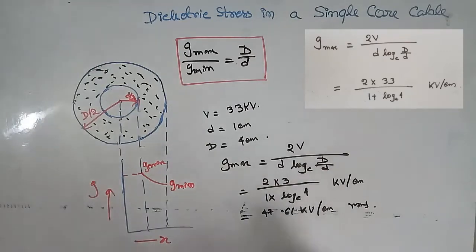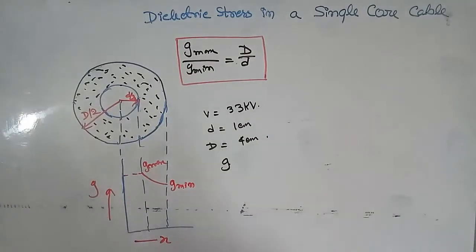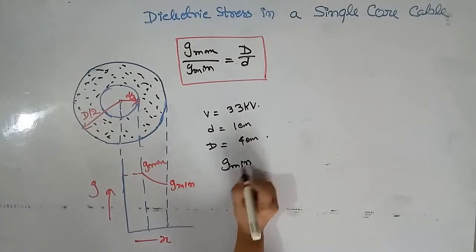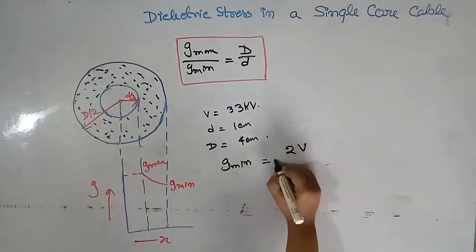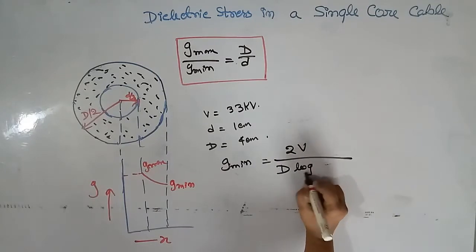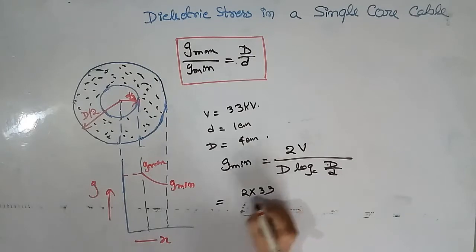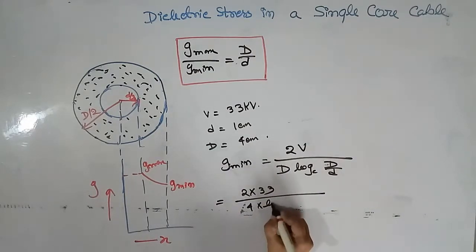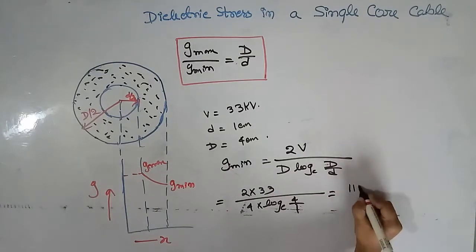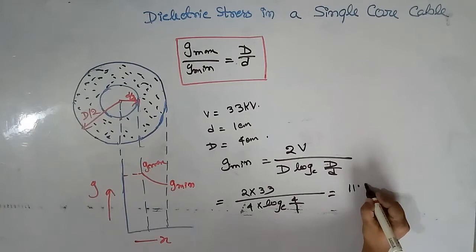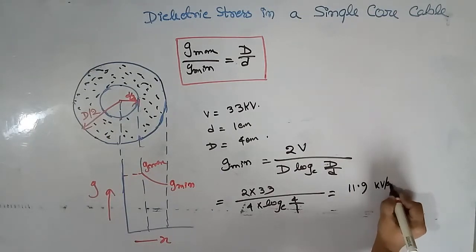Now what is the value of G min? This is the minimum stress occurring at the sheath and its value is given by 2V by capital D log e D by d. Put the value of V, capital D, small d, and we get the value of G minimum as 11.9 kV per centimeter.